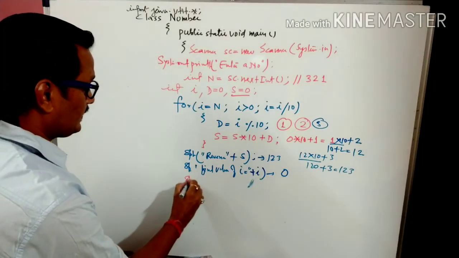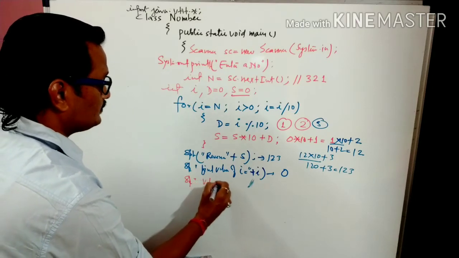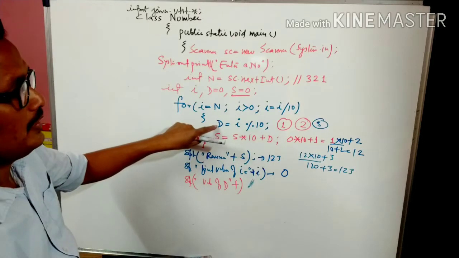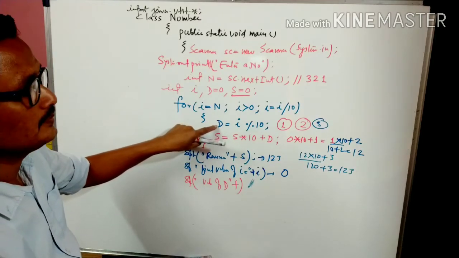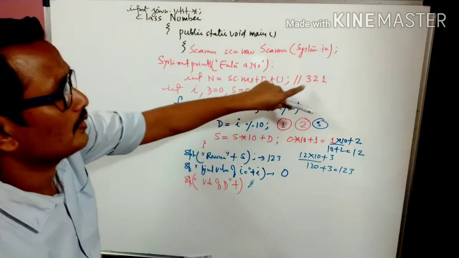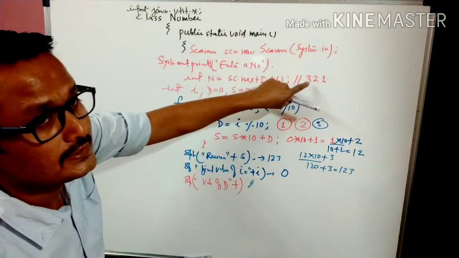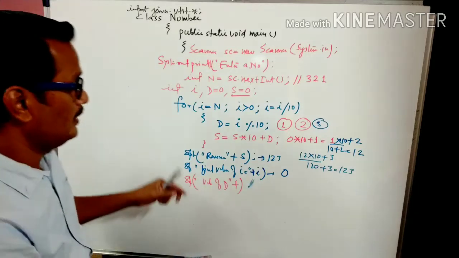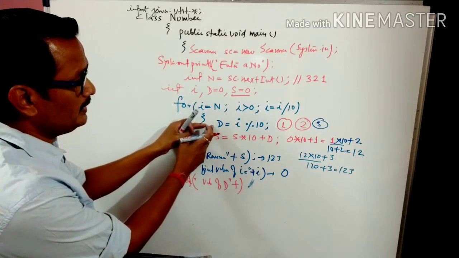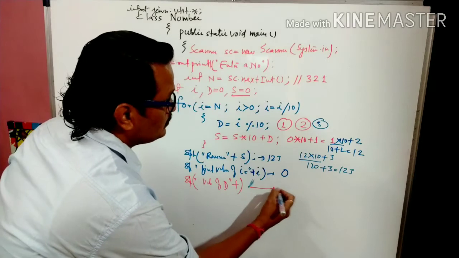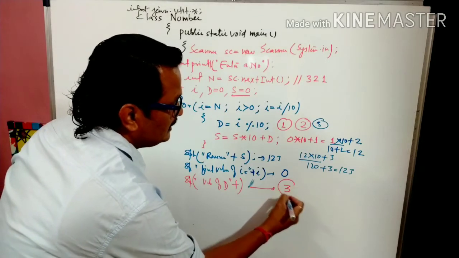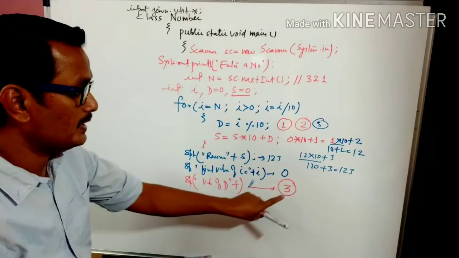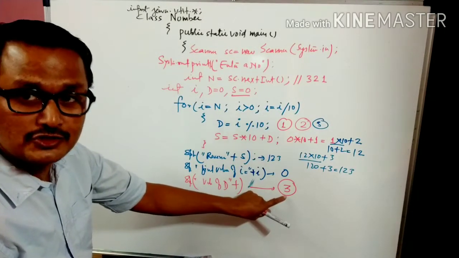And if you write the value of d outside of the loop, what did we get at the last? We got 3. That means this is the way to extract the first digit of a number. If you print d outside of the loop, it will print 3. Last value of d was 3. So we will get the final value, that is 3, the first digit.